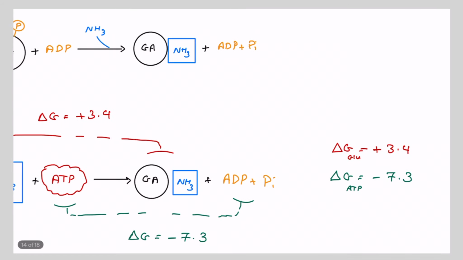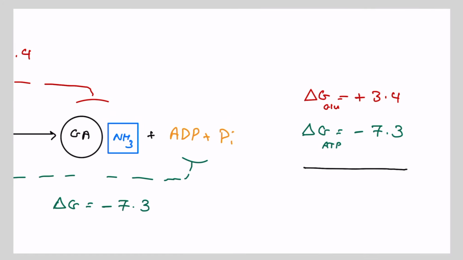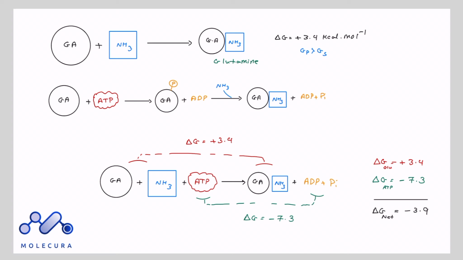At the end, these are additive as we talked about, and the net delta G of the reaction is going to be minus 3.9. So we have taken a reaction which was thermodynamically unfavorable and we have made it favorable using ATP.